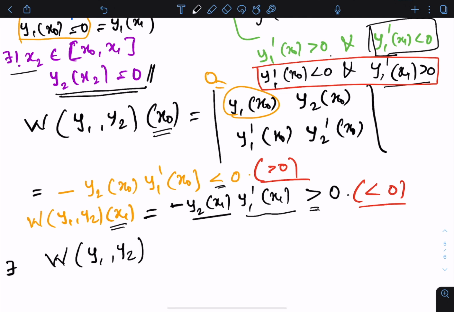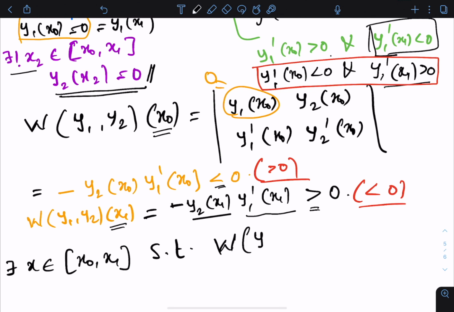So there exists an x between x0 and x1 such that the Wronskian of y1, y2 evaluated at some point x2 vanishes, because they have opposite signs.